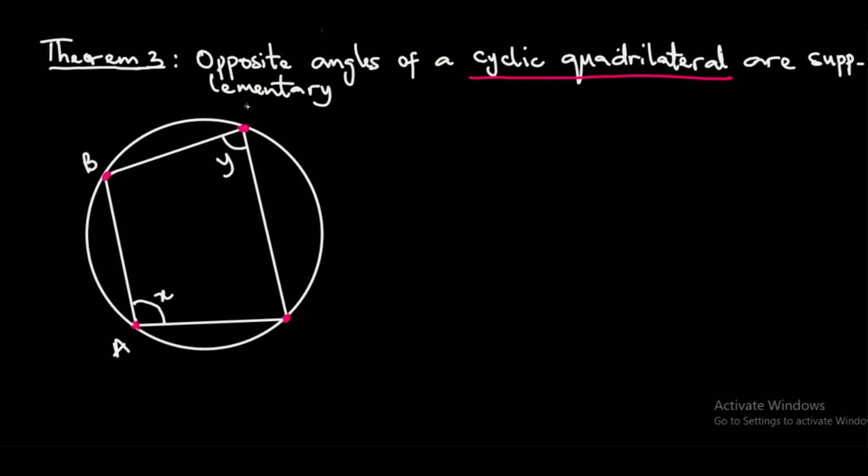So x and y there. Look at this ABCD. Suppose we have a circle ABCD where all the vertices touch the circumference of the circle. So x and y there: BCD is y, and then BAD we have x.